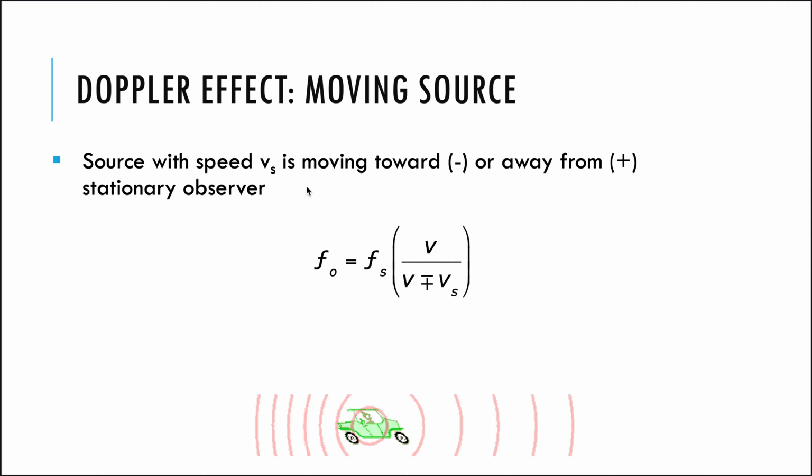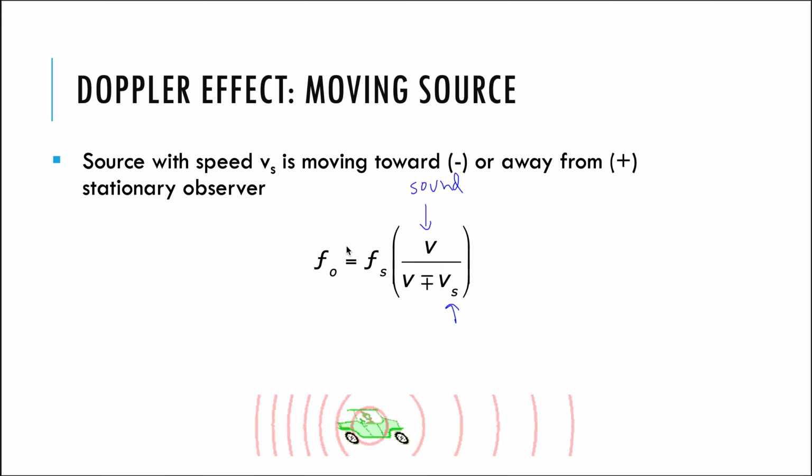The Doppler effect works in a very similar way if it's the source that's moving, such as the ambulance moving, rather than the observer. The equation is simply reversed with the velocity of the source here being at the bottom. The V here is still the speed of sound.